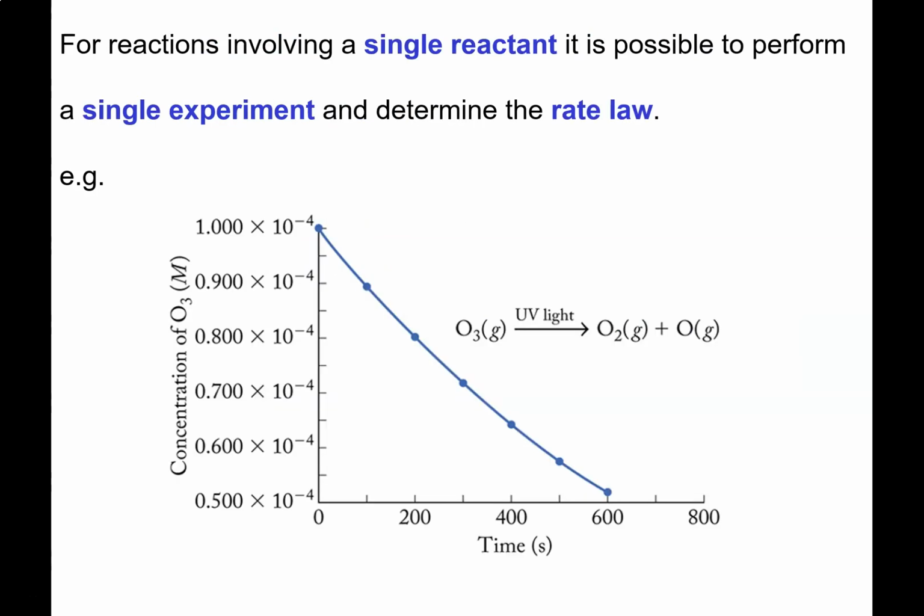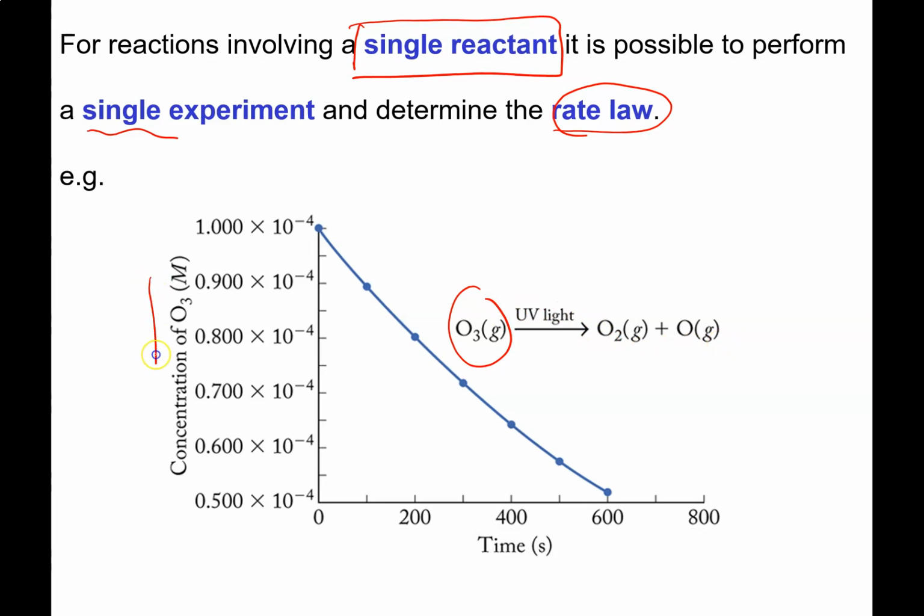It turns out, though, that if you have a reaction that involves just a single reactant, and there are quite a lot of these, it is possible to do just the one experiment and determine the rate law. So if I have a reaction here, ozone, it gets degraded by UV light into molecular oxygen, and what we would collect for this reaction is data of concentration against time, and unsurprisingly, the concentration of the ozone decreases with time.